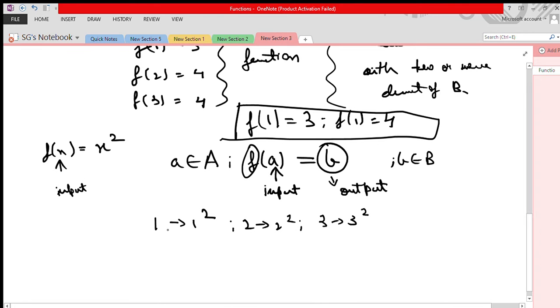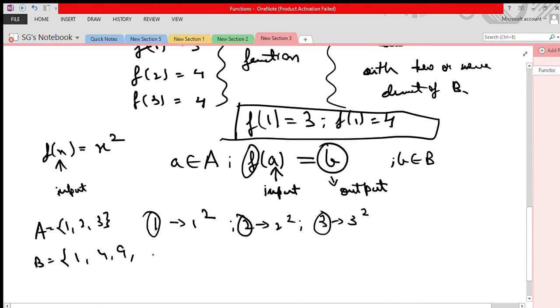Suppose we only want to transform 1, 2 and 3. So we define the set A as the elements 1, 2 and 3, and the set B can be any non-empty set, of course, and it must include 1, 4 and 9, but can have more elements.